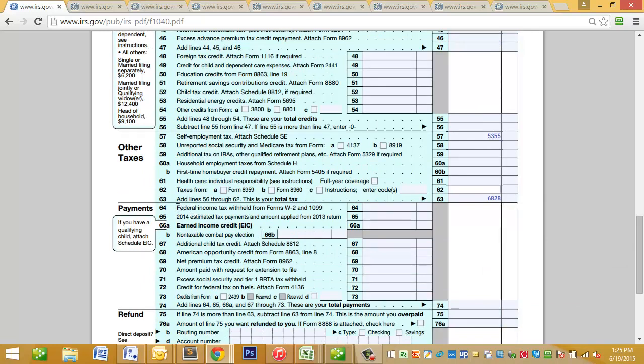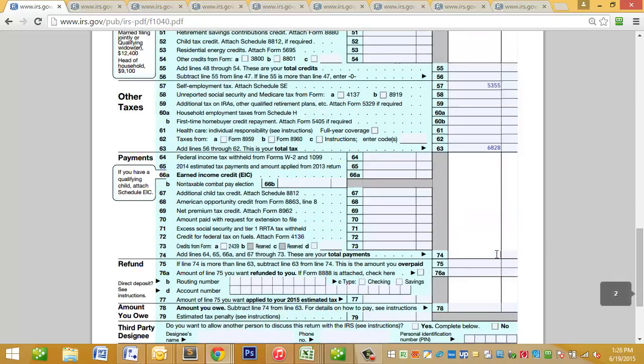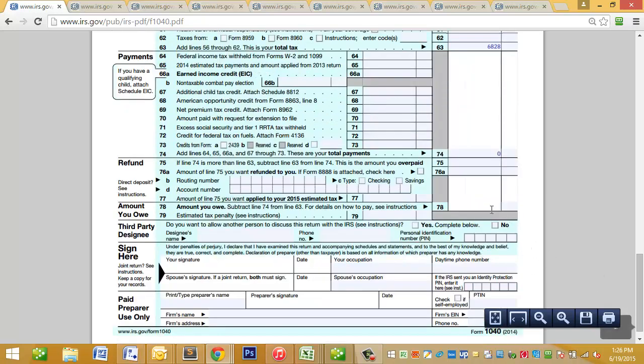So you've got your total tax of $6,828. Down here is any payments that you've made. You see here's W-2, so any money that got withheld by your employer. There's some other taxes and credits down here. And at the end of the day, if your total payments were zero, then you won't get a refund. And if there was no money paid in against that, then your total tax would be the same as this $6,828 here.